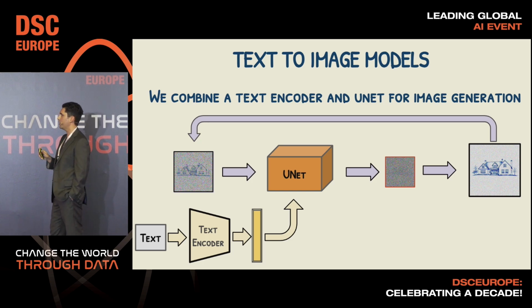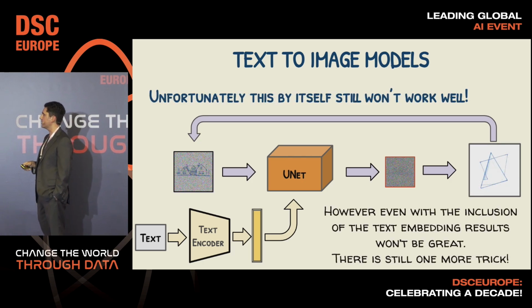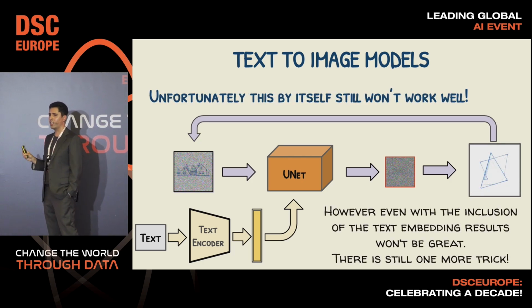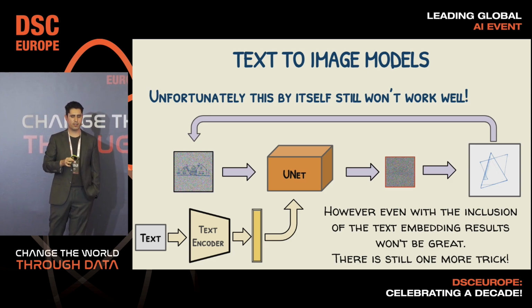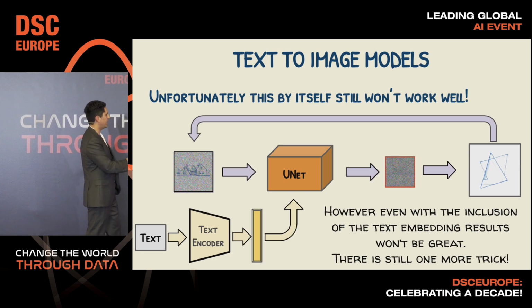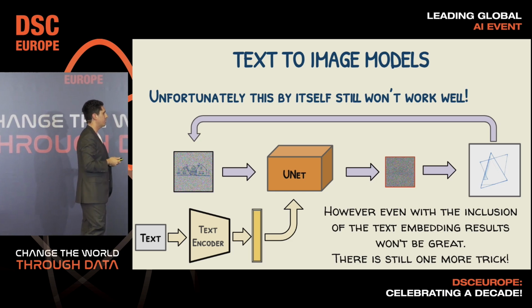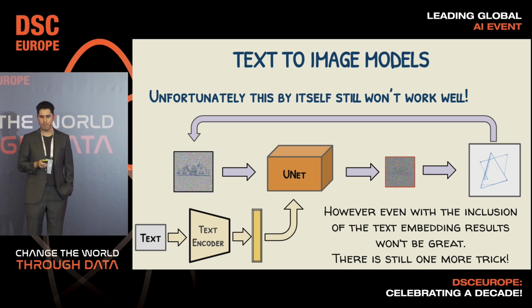and here you have your text-to-image model. Now, unfortunately, when the original researchers were creating this, they discovered this by itself actually doesn't work too well. If you wanted a picture of a house, you would get these weird artifacts and noisy images. So even with the inclusion of that text embedding from CLIP, the results won't be that great. But there's still one more trick that they figured out.